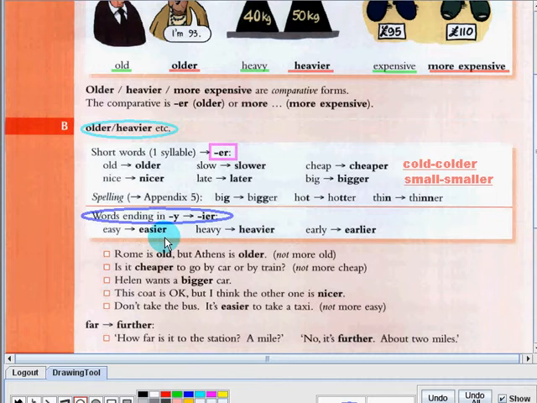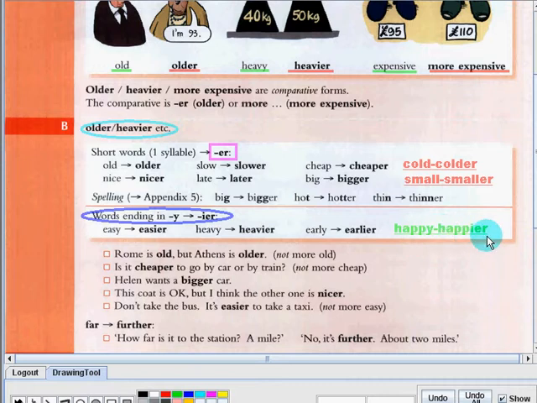We change Y to I, then add ER. Another example: heavy, heavier. Early, earlier. How about you? Can you give me more examples of this rule? One example is happy, happier.